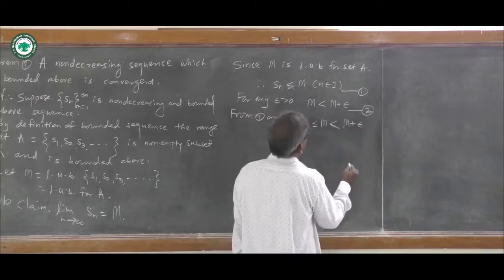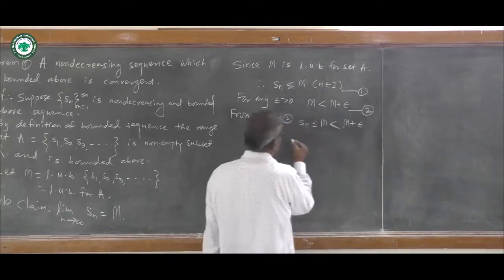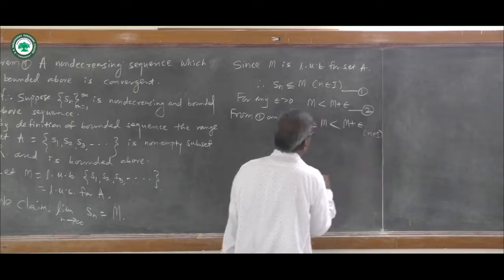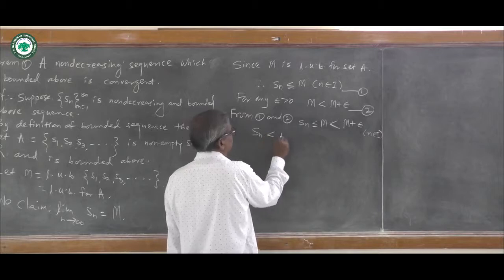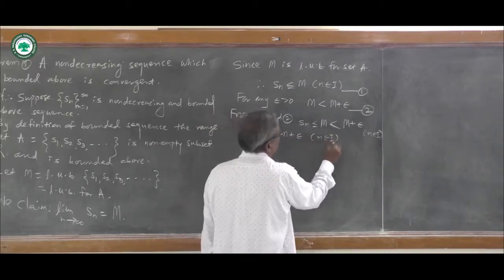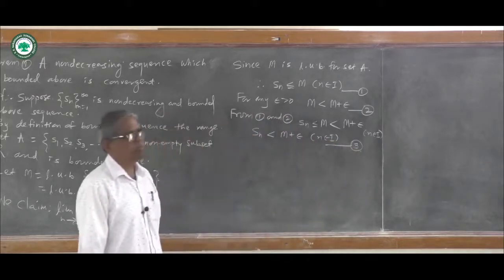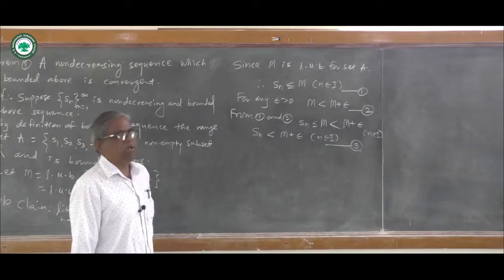And this is true for every positive integer n. Therefore, Sn is less than capital M plus epsilon for all n belongs to I. This is relation number 3.